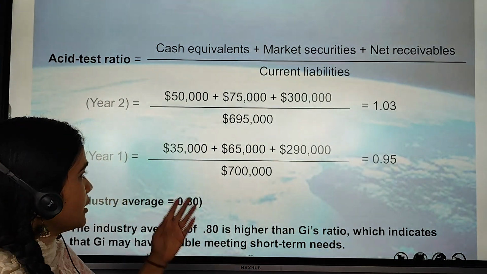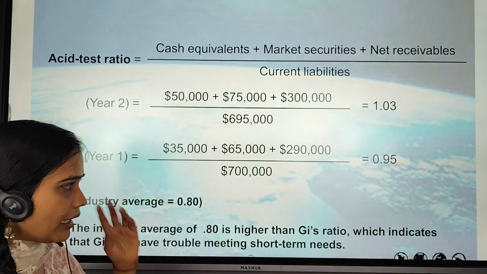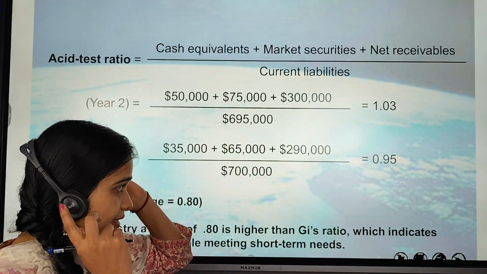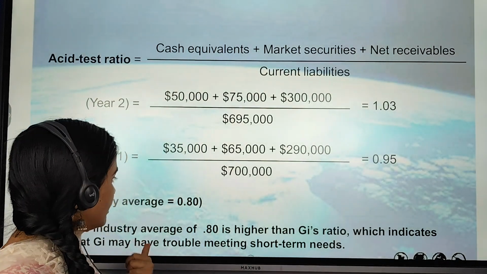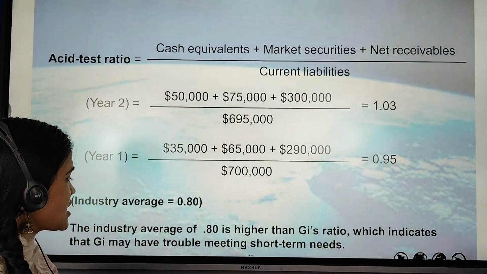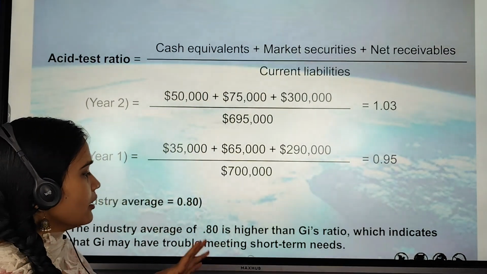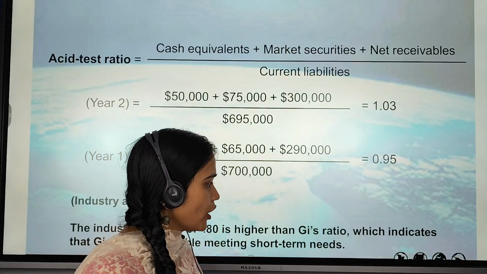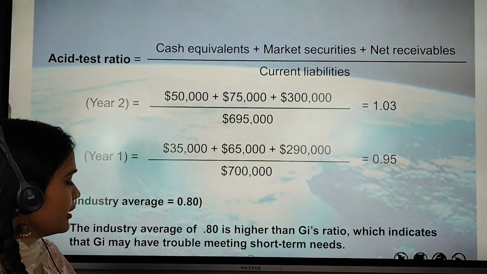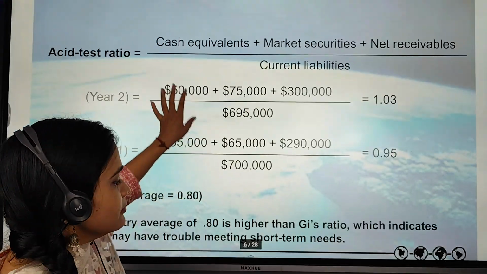For year 1, 35,000 plus 65,000 plus 2,90,000 upon 7 lakh, and the acid test ratio is 0.95. The industry average acid test ratio is 0.80. It indicates that the industry average of 0.80 is higher than General Insurance's ratio, which indicates that General Insurance has trouble in meeting its short-term needs.